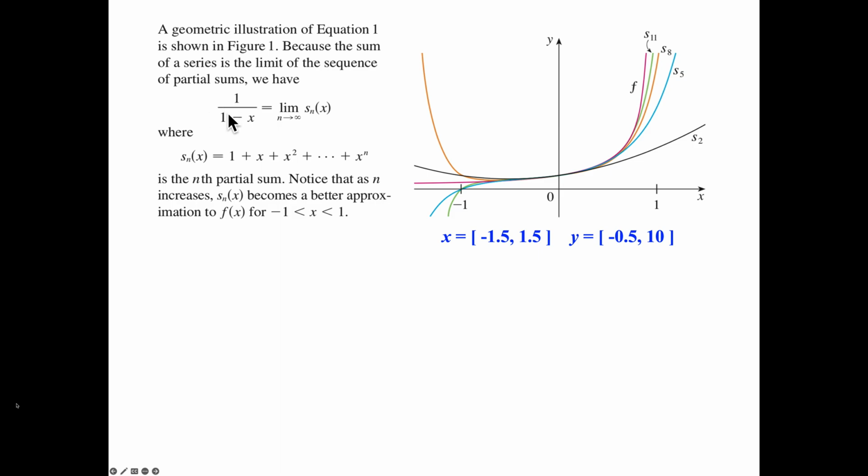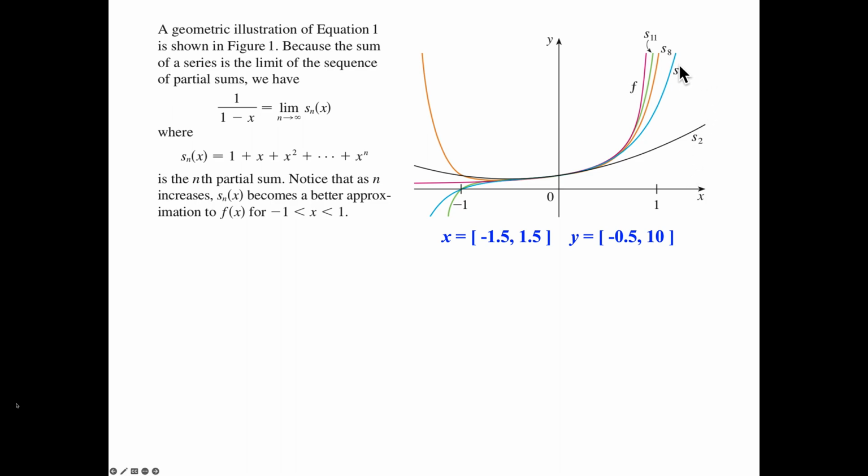So 1 over 1 minus x is the graph of the red curve. We're going to look at some partial sums, and that's what this s sub 2 is. This is the sum of the first two terms. So 1 plus x squared, that's going to be this curve. Of course, it's x squared because it's in the shape of a parabola.